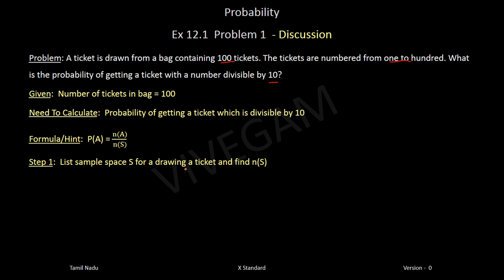You got it? Next we need to define what is a favorable event. So let A be the event of getting a ticket with a number divisible by 10.